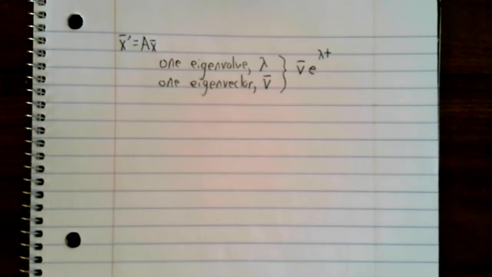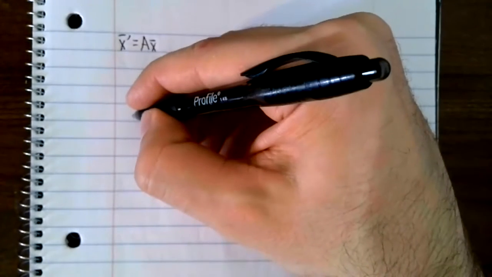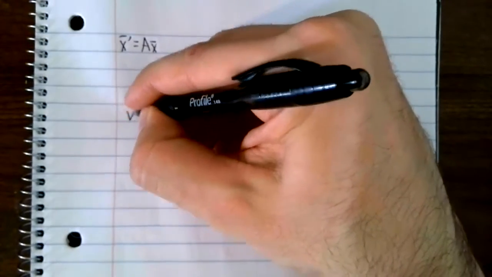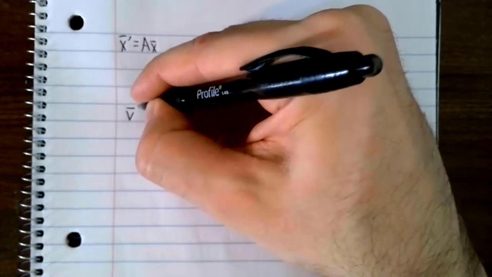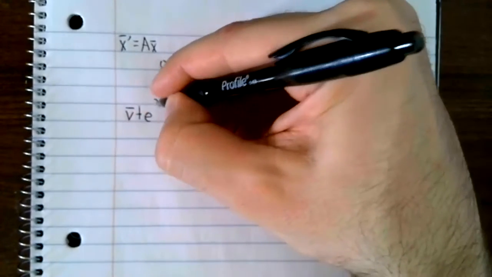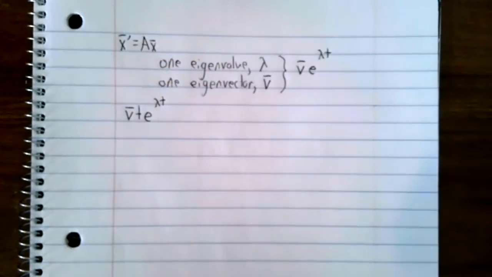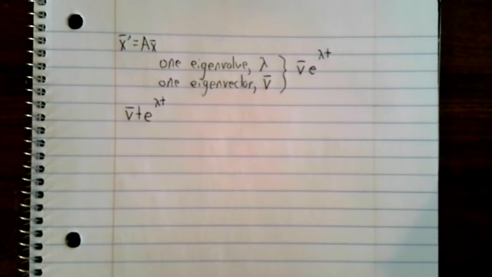The obvious, based on previous experience, would be the following: v t e to the lambda t for our second solution.